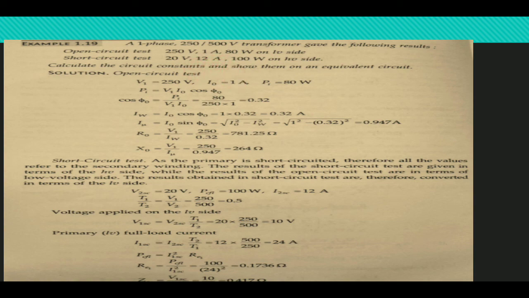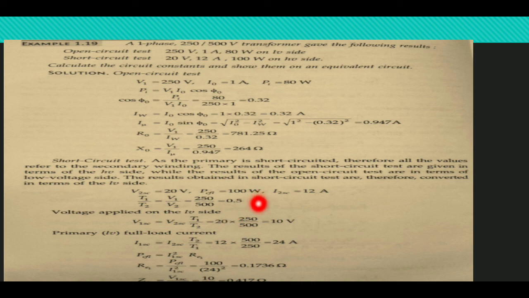When the instruments are on the HV side, if we multiply by the turns ratio, we get the values referred to secondary: the current, voltage, impedance, resistance and reactance.